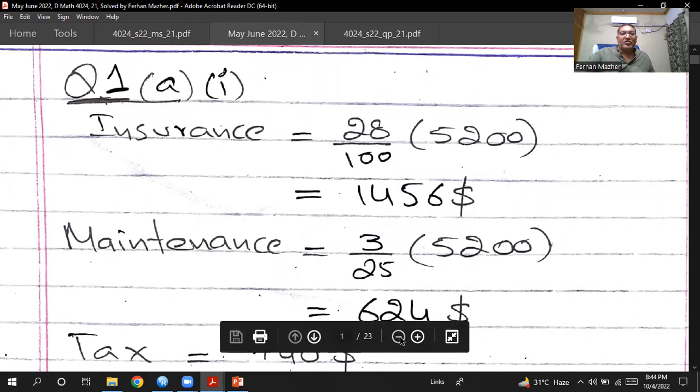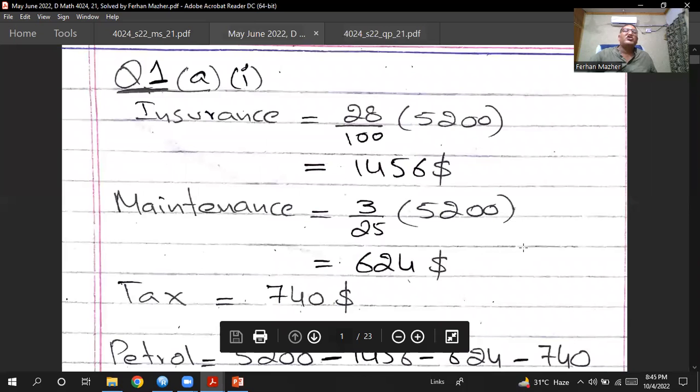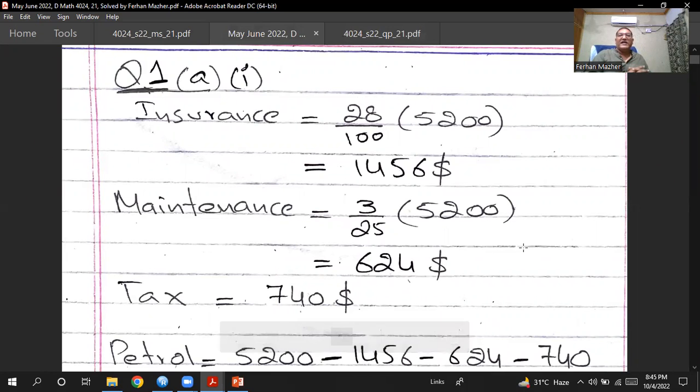So insurance is 28% of the 5,200. That will be 28 divided by 100 multiply 5,200. Paper 2, you are allowed the calculator. Just enter this value in the calculator and you will get $1,456. Maintenance is 3 by 25 of the total money spent, so it will be 3 by 25 multiply 5,200, and that will be $624.